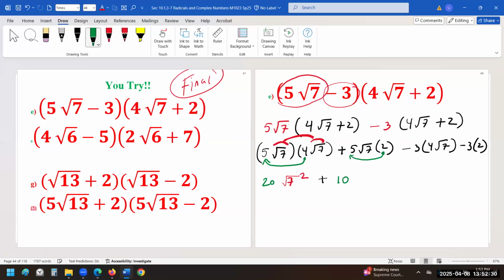So we multiply them, and our 1 radical is square root of 7. We bring it down. The next one, only 3 and 4 are the numbers, and we have only 1 radical, so we bring it down. And lastly, there are no radicals, so we multiply them and we get the plain 3 times 2, which is 6.